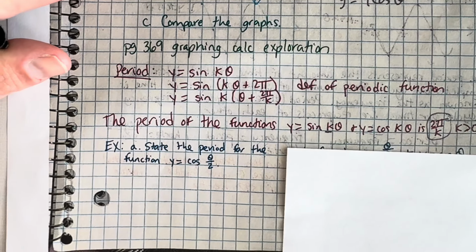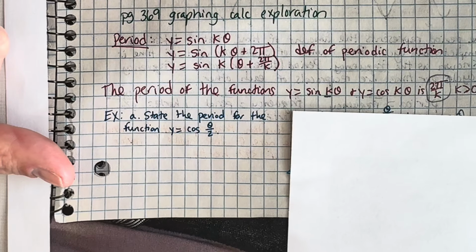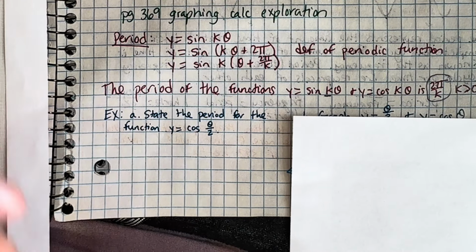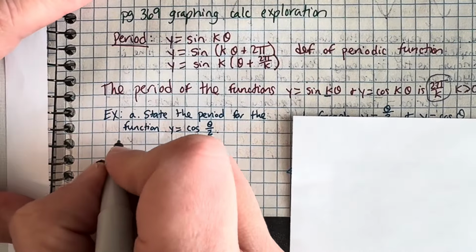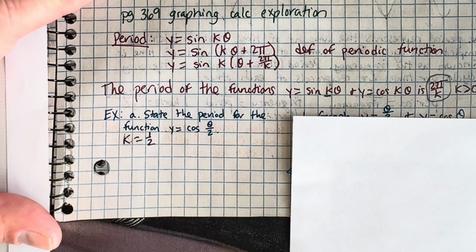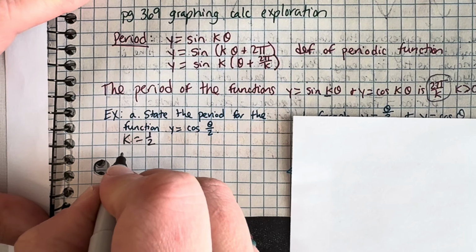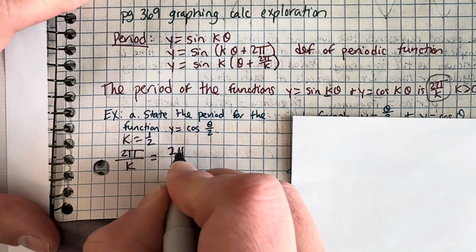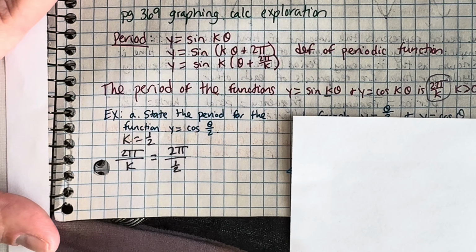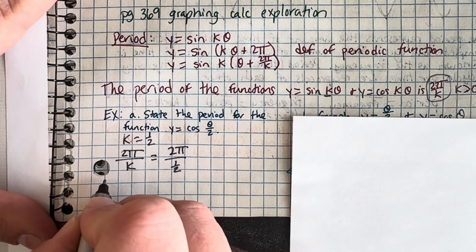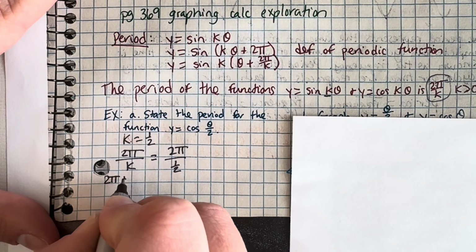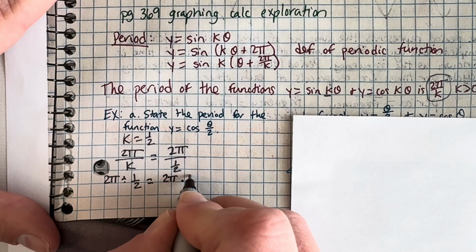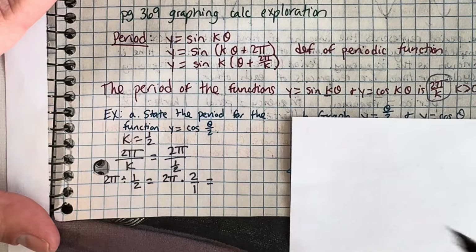Okay. So right here it says state the period for the function y equals cosine of theta over 2. Okay. Well, our k here is equal to 1/2. And so now I'm going to put that into 2 pi over k, or 2 pi over 1/2. Let's change this to 2 pi divided by 1/2, or 2 pi times the flip of it.